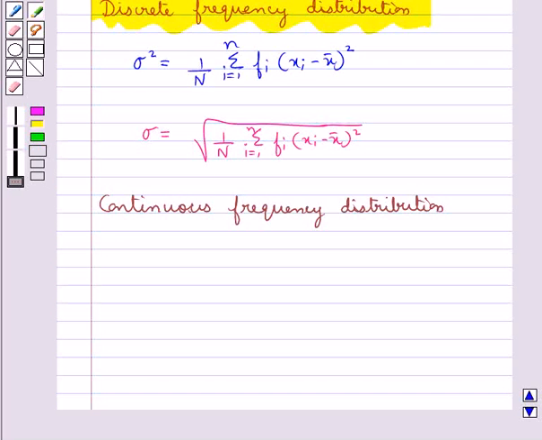Next we have variance and standard deviation for continuous frequency distribution.